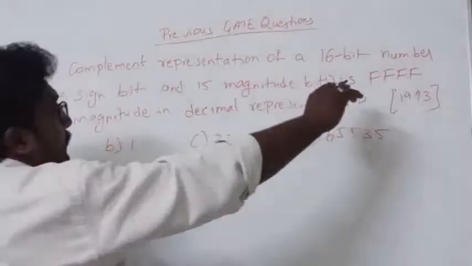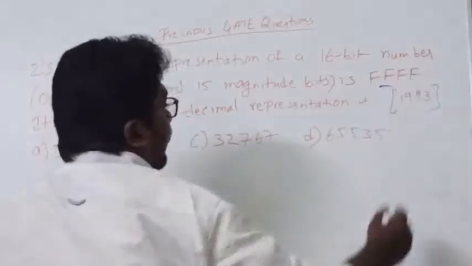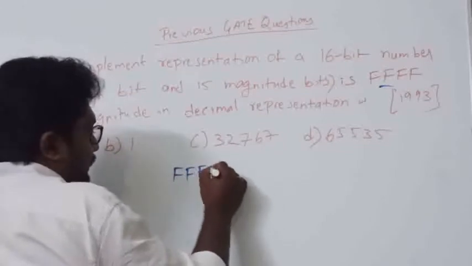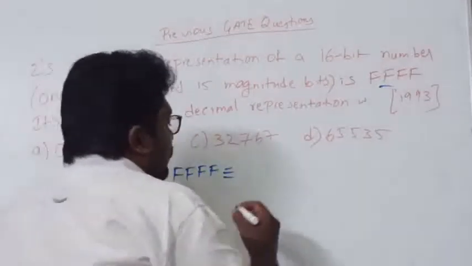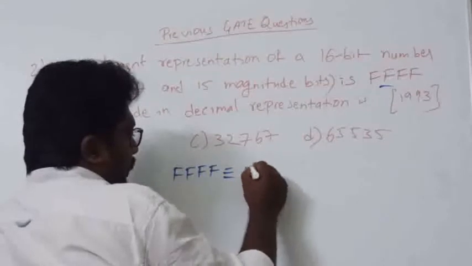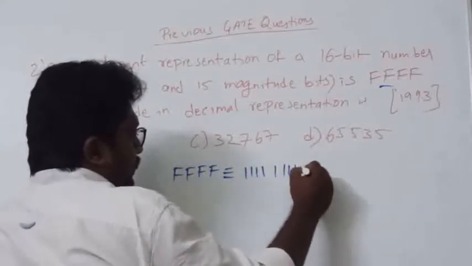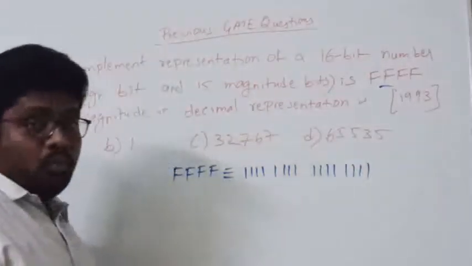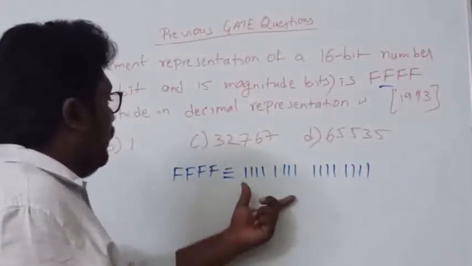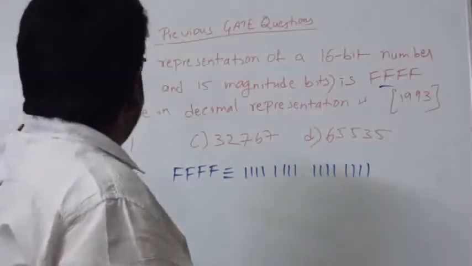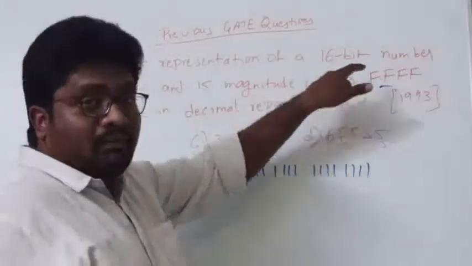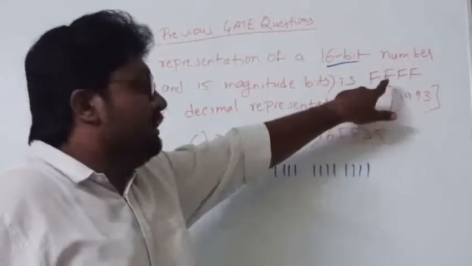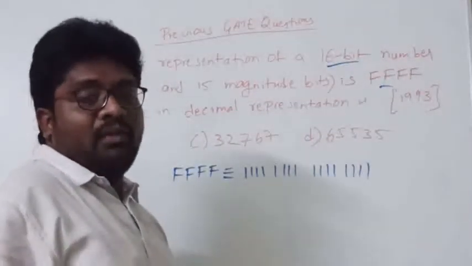Here the 2's complement representation of the 16-bit number is FFFF. Represent this in binary form: 1111 1111 1111 1111.